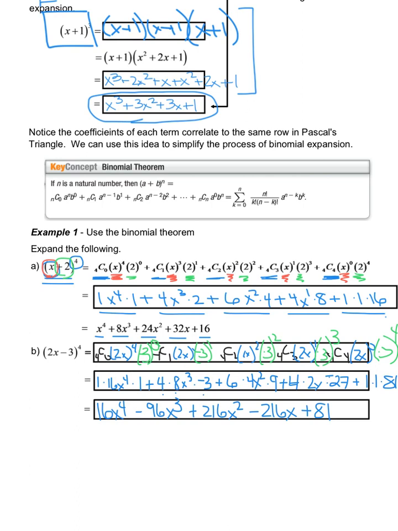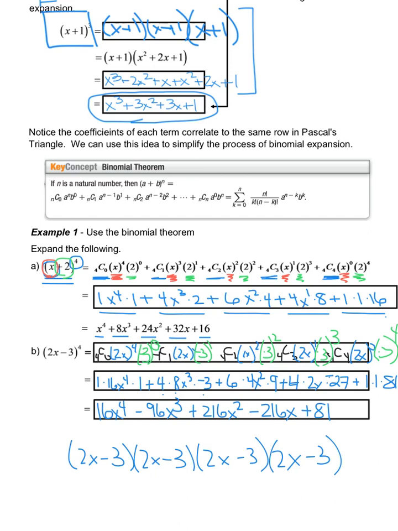So notice it was still a little work to come up with the expansion, the correct answer. But as far as I'm concerned, I would much rather use combinations than have to do this with my expansions. Because this, despite what you're thinking now, might be easier and shorter for you.